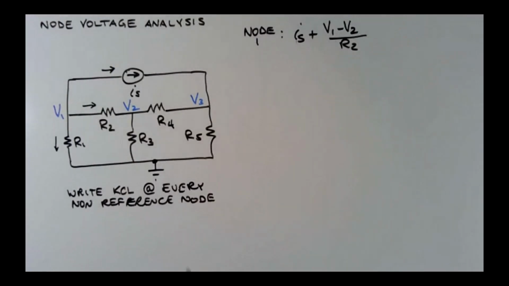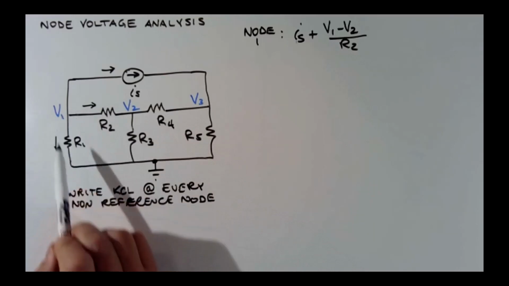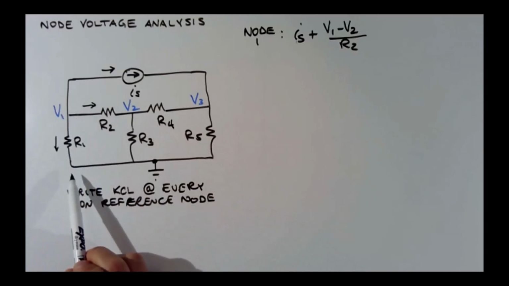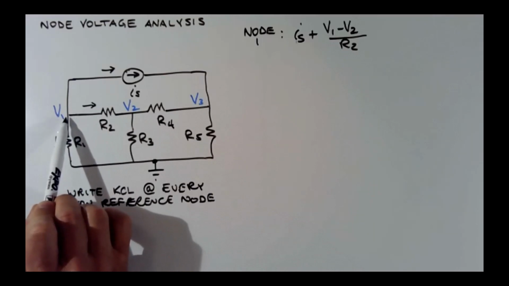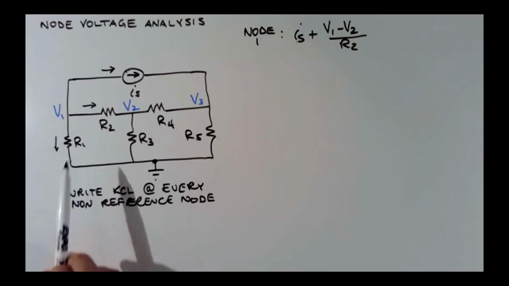Okay. And then the current leaving from V1 down to the reference node is the node voltage here, V1, minus the node voltage of the reference node, divided by R1. Well, the node voltage of the reference node is 0 volts.